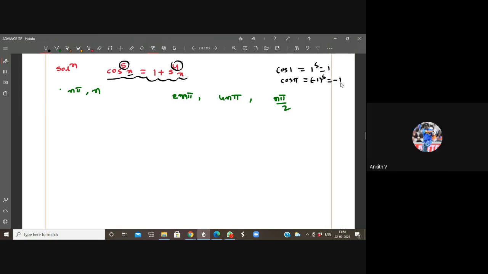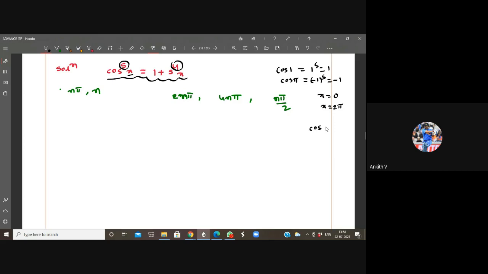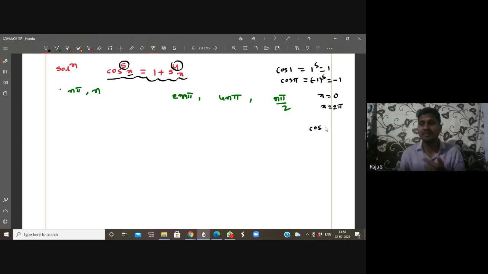What do you observe? For every 180, the sign is changing. But if I take x equal to 0 and then x equal to 2 pi, 360, what is cos 360? Same as 0, that is 1. So the answer will be 2n pi or n pi.